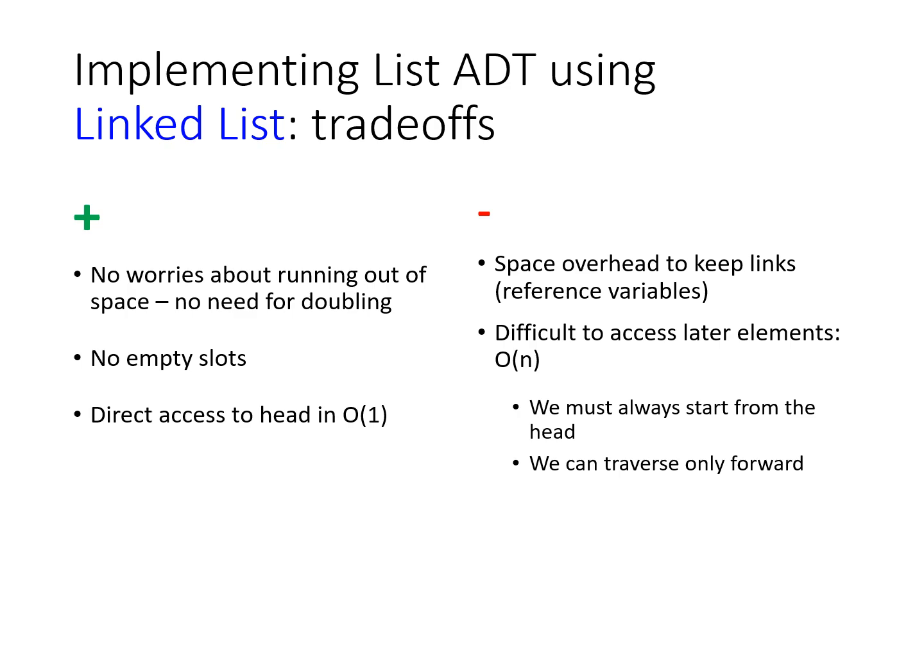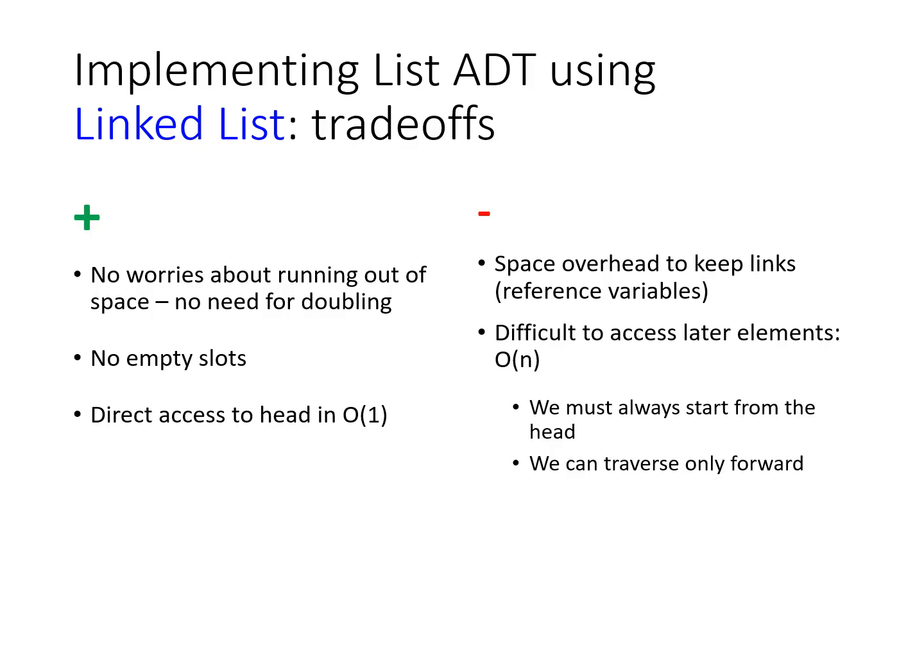First of all, we do not need to worry anymore about running out of space. There is no need for doubling, and the list can grow as much as there is available memory in the computer. There are never empty slots, and we have direct access to the head in constant time. That means we can remove or add elements at the beginning of the sequence in constant time.